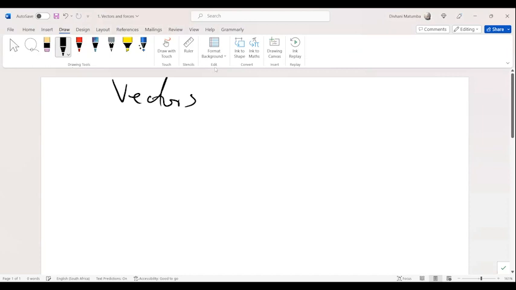Vectors and forces. So a vector has a direction and a magnitude. What is a magnitude? It is a scalar value.